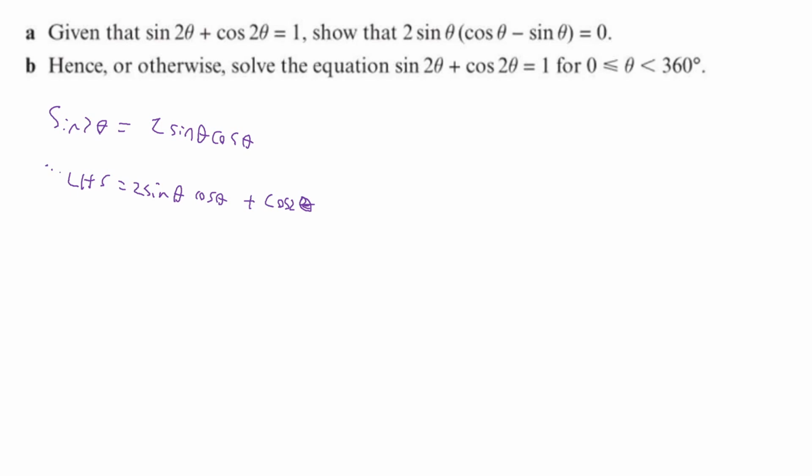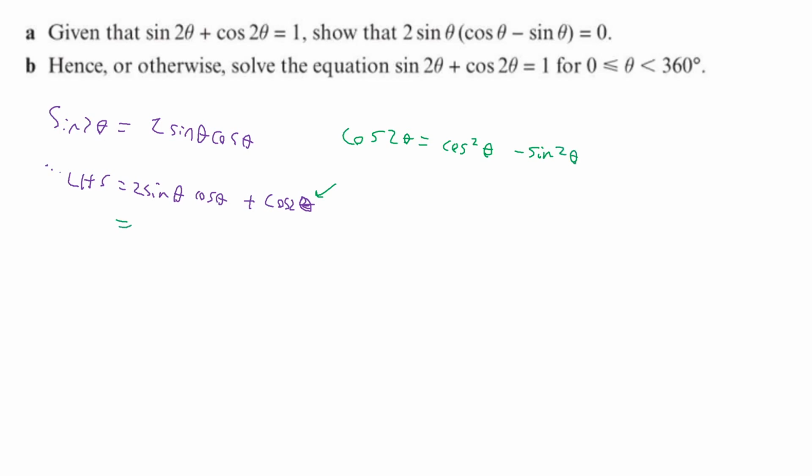Now we need to get the other equations out. To do that, all we're going to do is change this around, aren't we? Cos 2 theta is the same as cos squared theta minus sine squared theta.